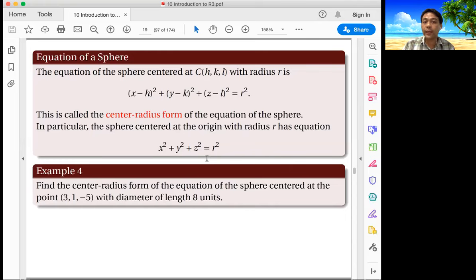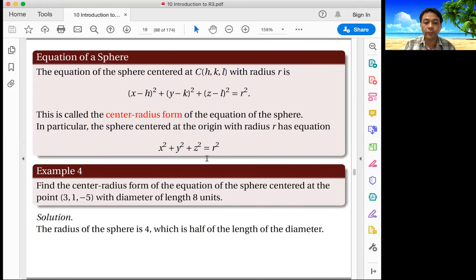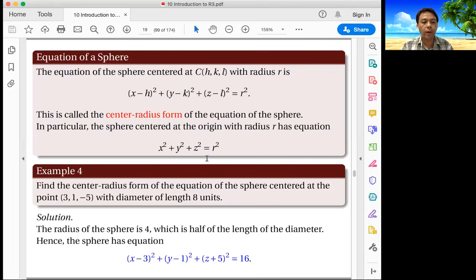But we know that the diameter is double the radius, or half the diameter equals the radius. So this tells us that the center is at (3, 1, -5), and the radius is equal to 4, which is half of 8. So the equation of the sphere is (x minus 3) squared plus (y minus 1) squared plus (z minus (-5)), which is the same as (z plus 5) squared, equals 4 squared, 16.